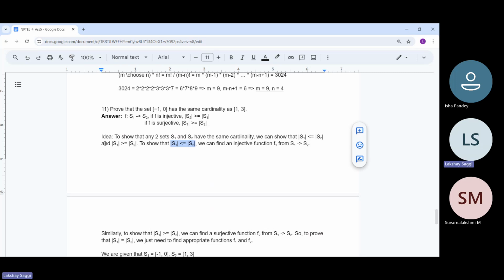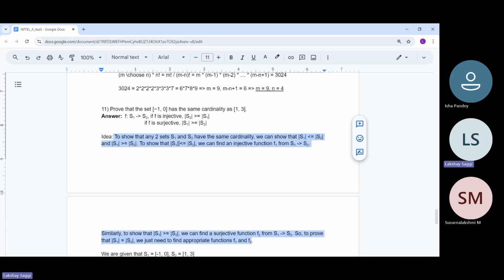And similarly, to prove that |S1| is greater than or equal to |S2|, we can find a surjective function. And from the surjective function, we will obtain |S1| is greater than or equal to |S2|. So we just need to find these two functions f1 and f2. So this is our high level idea.